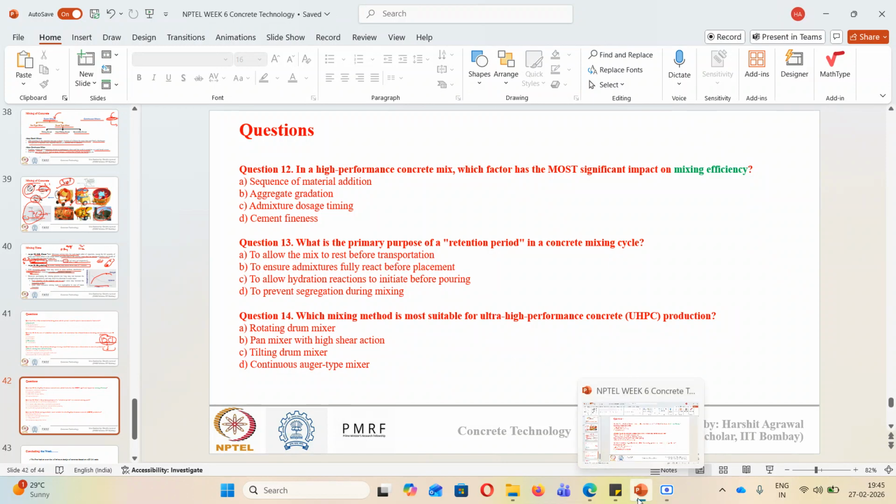Anyone, any guesses for question number 12? Yes, sequence of material adding.